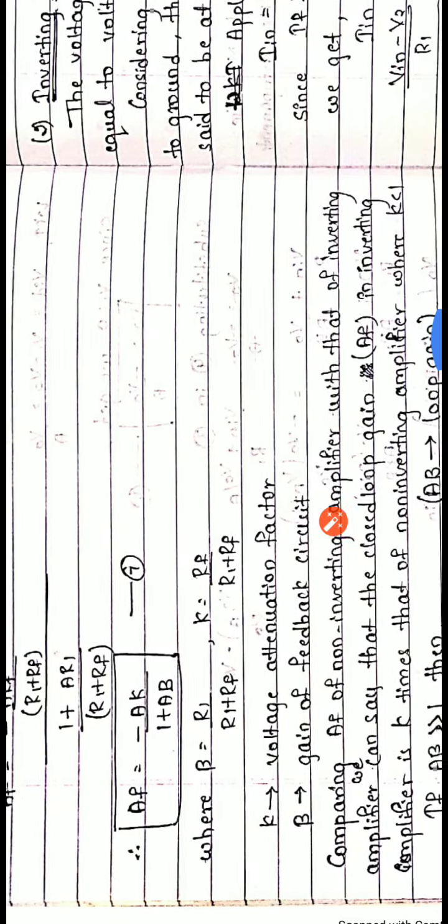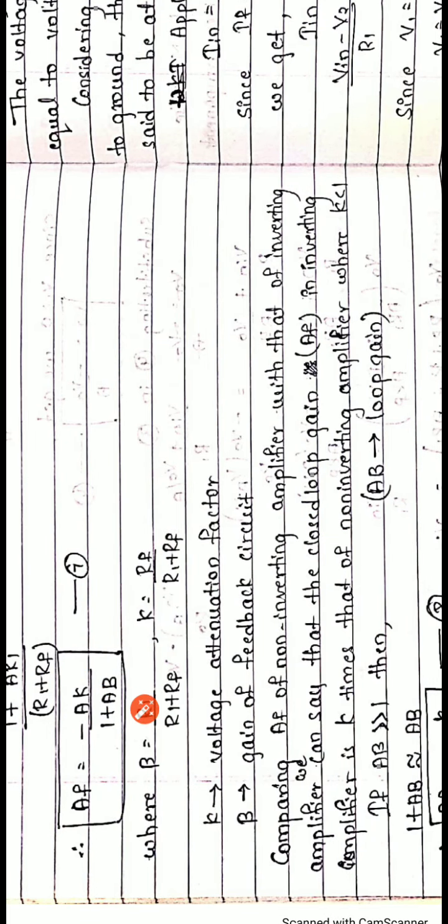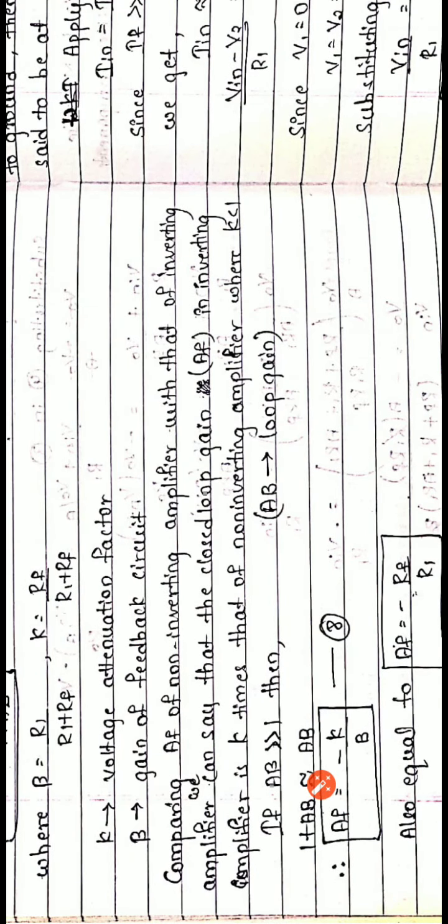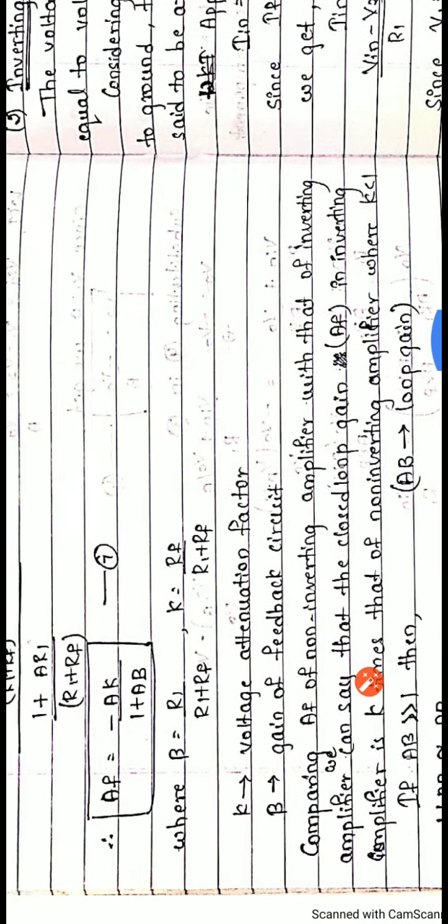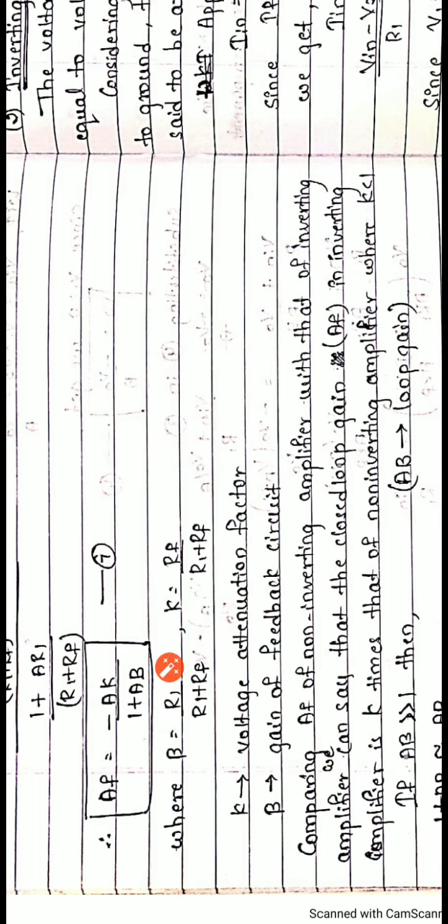Now as we know, A beta is the loop gain, which is very large when compared with 1. So 1 plus A beta becomes A beta, that condition is taken here. So we can write AF equals minus K by beta, because A gets cancelled.